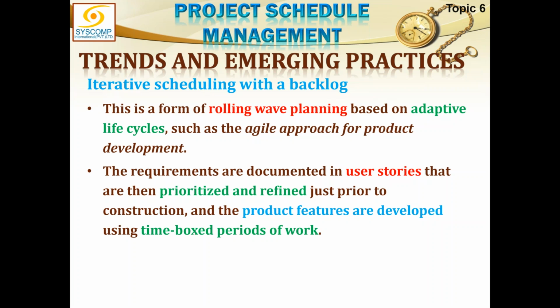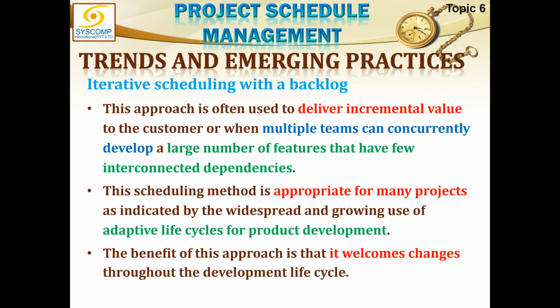So this way we can deliver iteratively also. After every 2 weeks we are delivering something, but we are also open to change for the remaining work. So in an iterative schedule with a backlog, we are consistently delivering value. This approach is often used to deliver incremental value to the customer, or when multiple teams can concurrently develop a large number of features that have few interconnected dependencies.